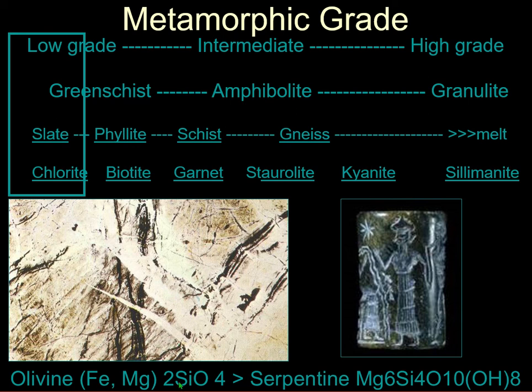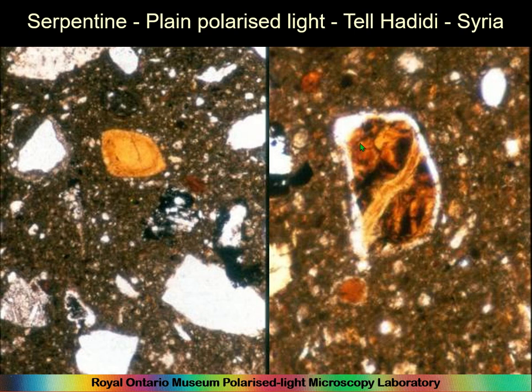See, olivine becomes serpentine. What's quite important is it keeps the magnesium and the silica and adds water, but loses the iron. And so you'll have lots of iron in these deposits with the serpentine. You have lots of all sorts of things. You'll have copper as well. And we get serpentine in pottery.